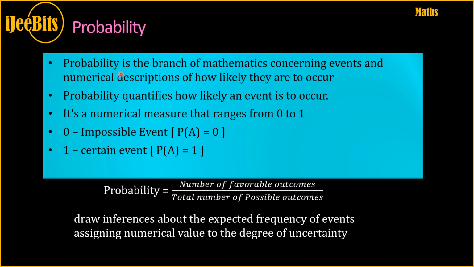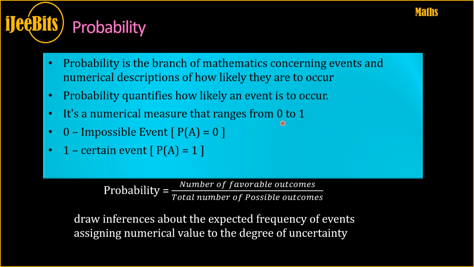Probability is the branch of mathematics concerning events and the numerical description of how likely they are to occur. That's the definition of probability. Probability quantifies how likely an event is to occur. It is a numerical measure, and the numerical value you assign ranges from 0 to 1: minimum 0, maximum 1.